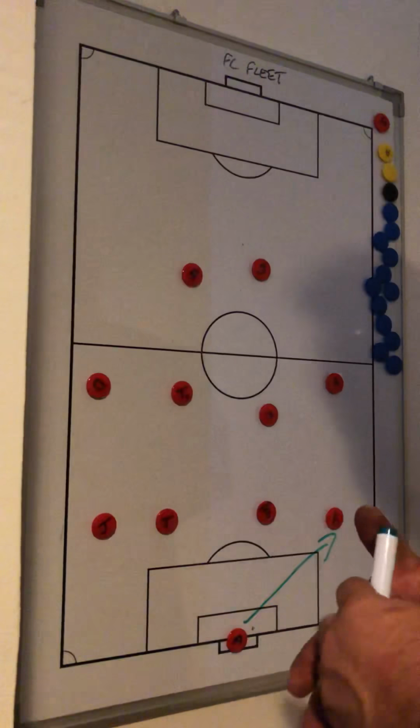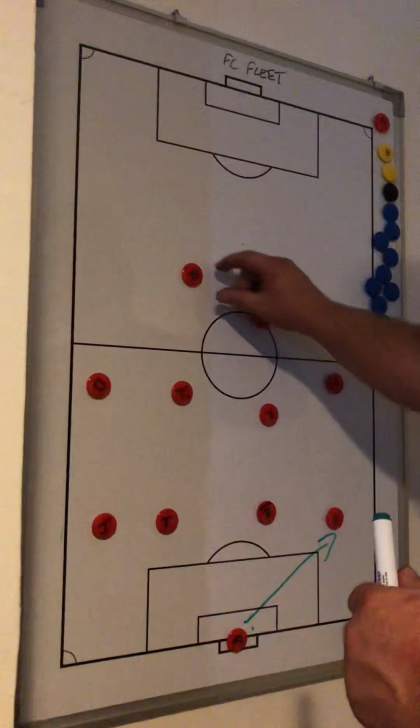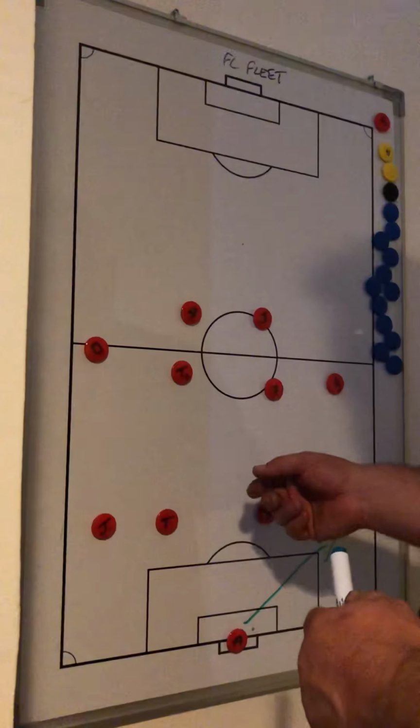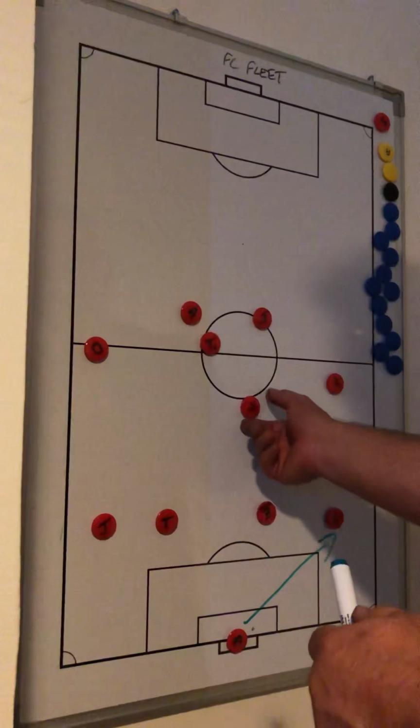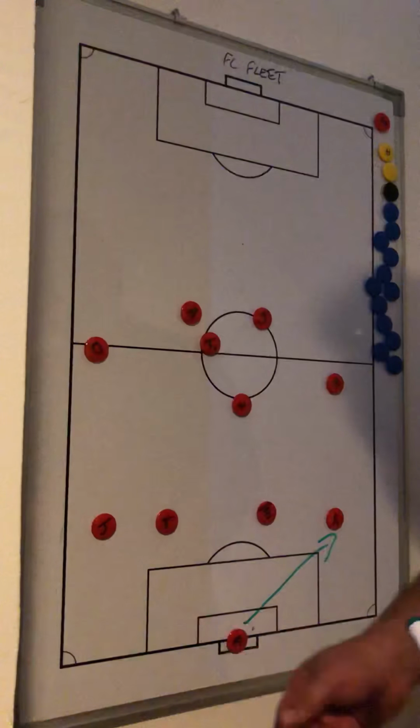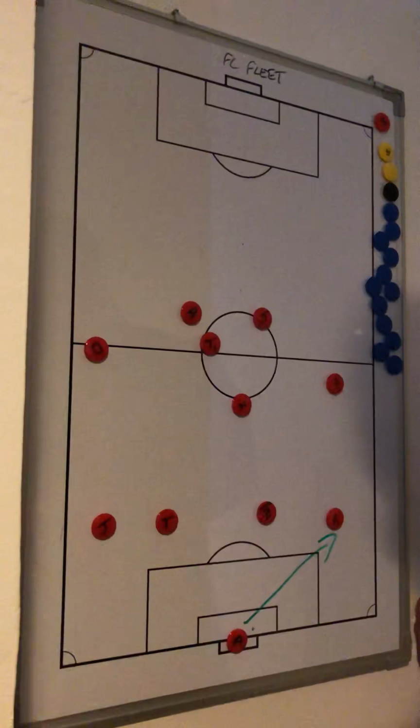So then Andy needs to read that. And occasionally we need to put some pressure on their defence. Andy needs to ping some over the top and see if we can't get a few players forward, go chasing. Tom likes to get up there. Nathan will hold a little bit. So Andy will be able to find those passes and read the game for us.